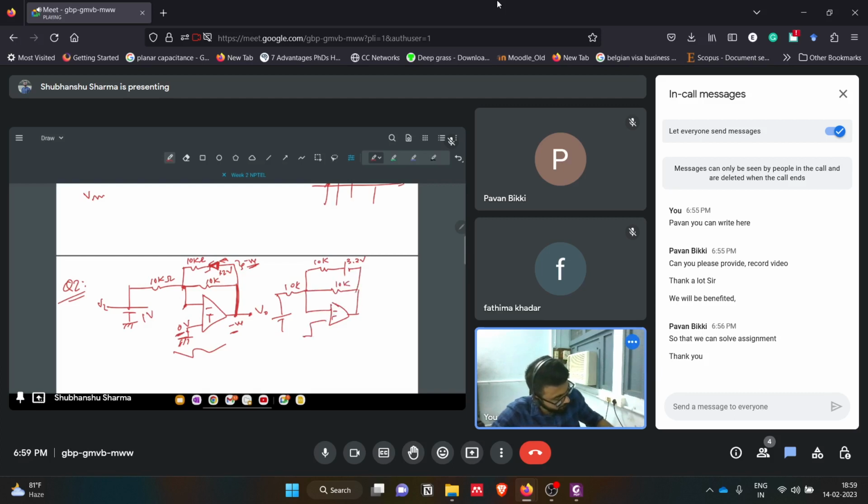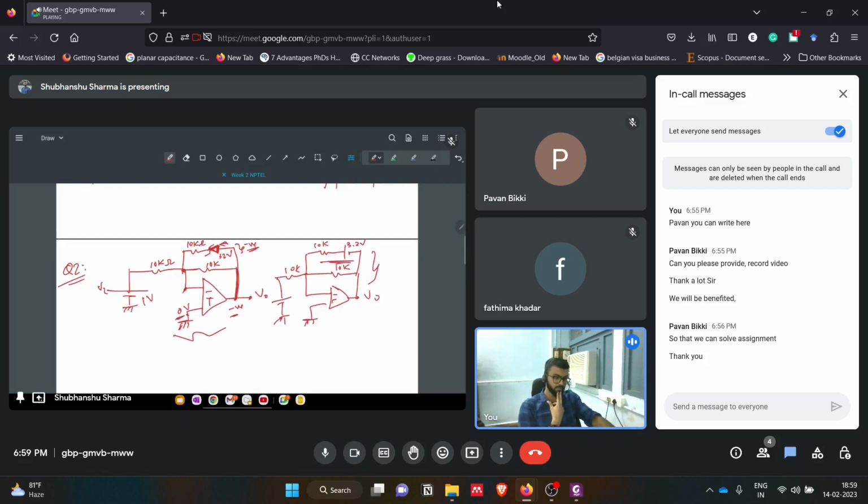Now we have the circuit. It looks simple, but there is this potential source in the feedback path.